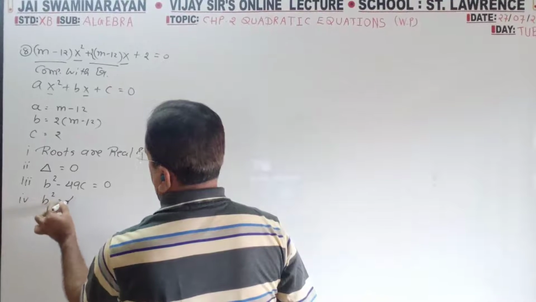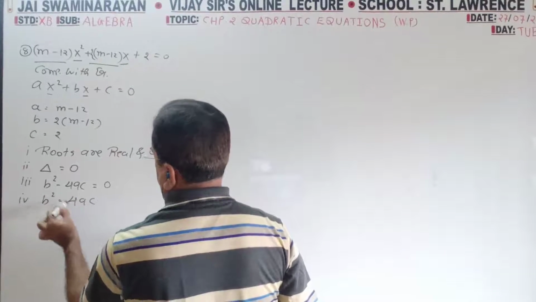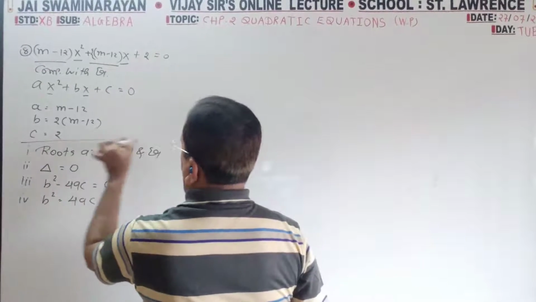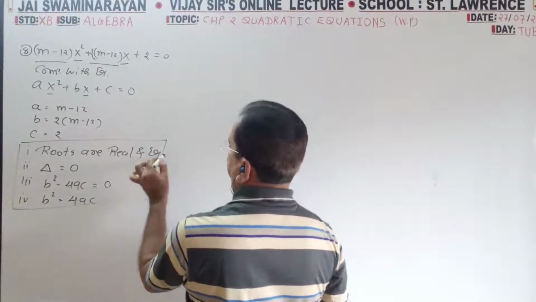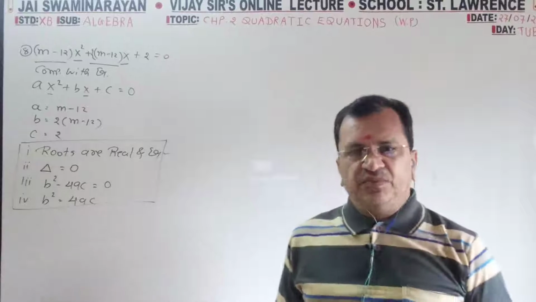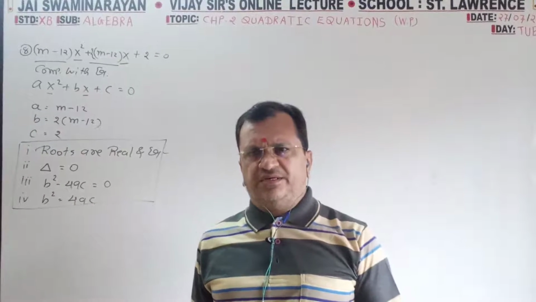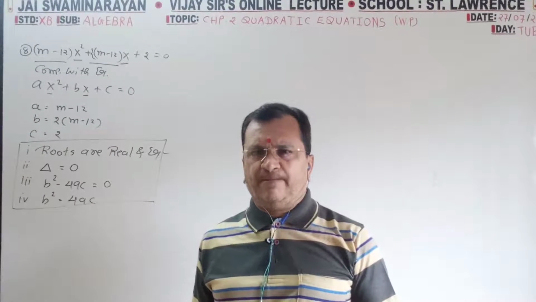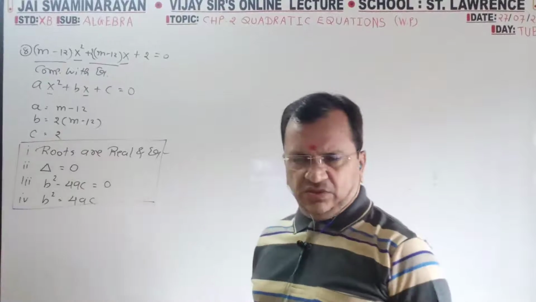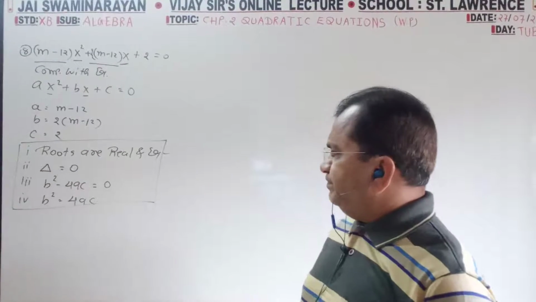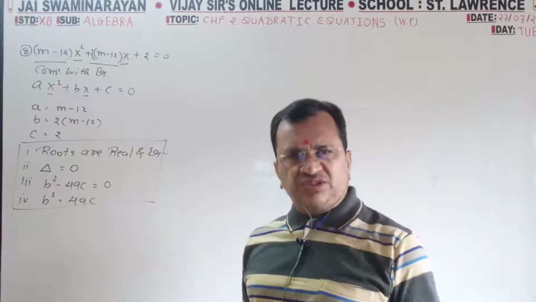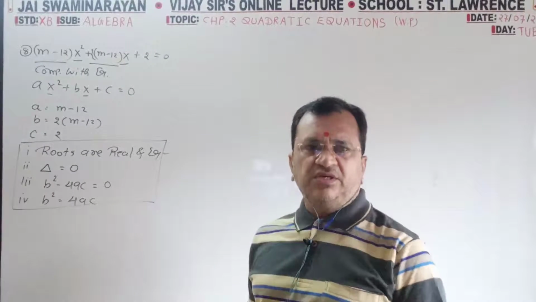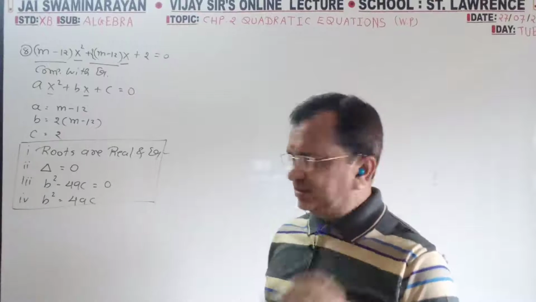Therefore b square is equal to 4ac. These 4 points are irrelevant to the specific question; you have to write them whenever this is given, whatever the question. So roots are real and equal, discriminant value is 0, b square minus 4ac is equal to 0, therefore b square is equal to 4ac.